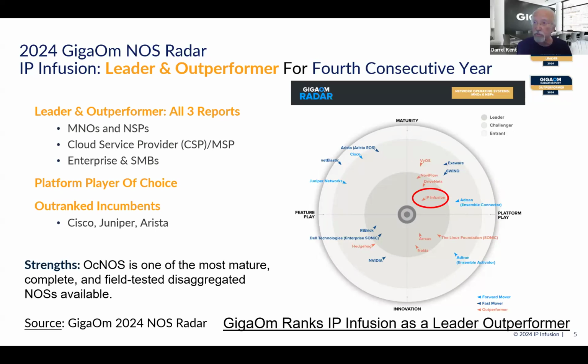freedom of choice, the substantial cost savings that come with the disaggregation, the support for modern data centers, cloud-based network services, virtual routing functions, and ease of transition from traditional networking to modernization, the foundation for digital transformation and the requirement for cyber resilience today is what we analyze and why we position IP Infusion where they are, and why we can call it, and why we have noted, as you note here, one of the most mature and complete.